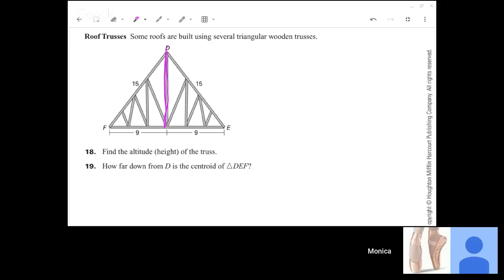So do you see anything there that would show you how to calculate what that length is?